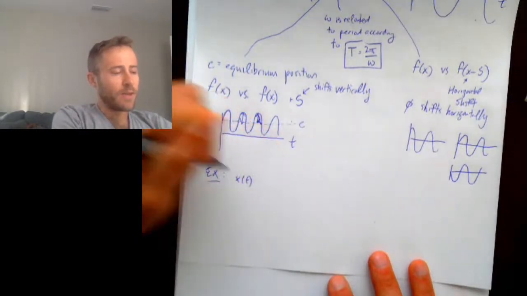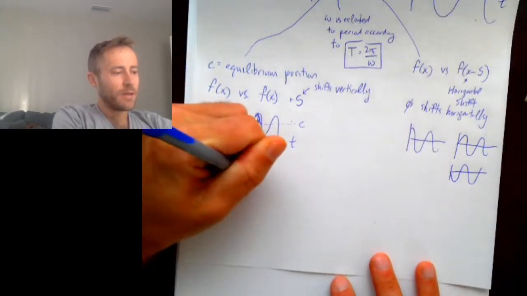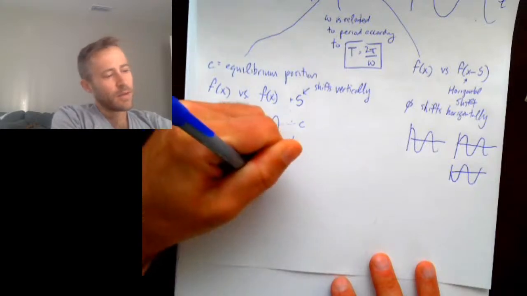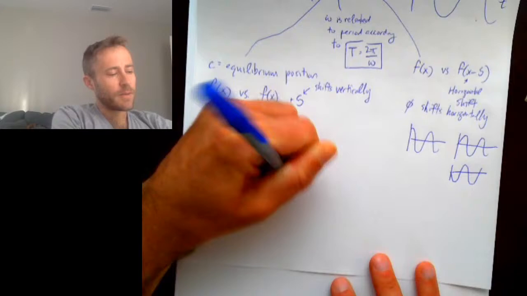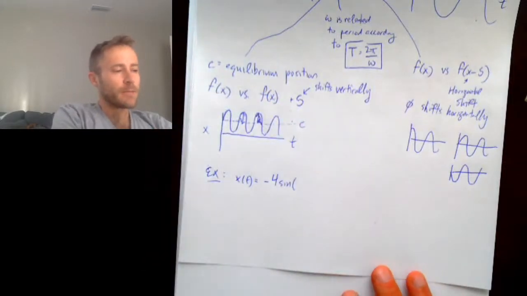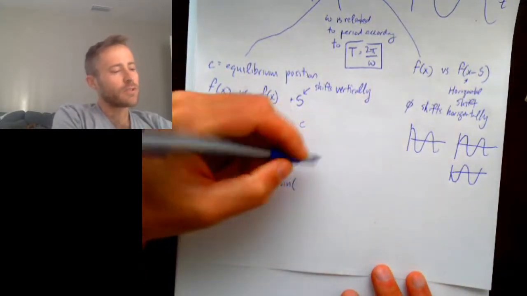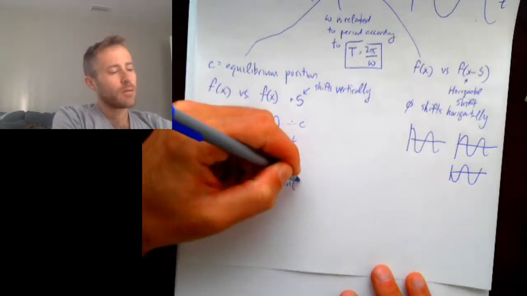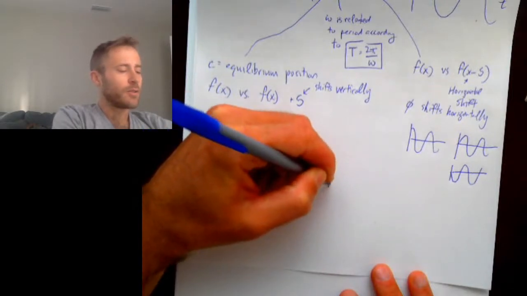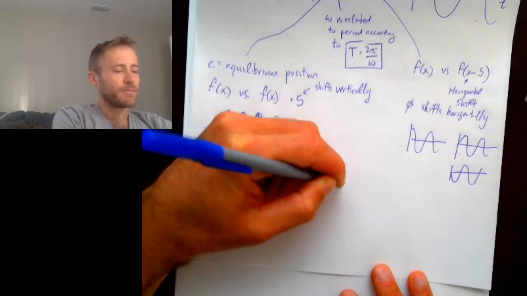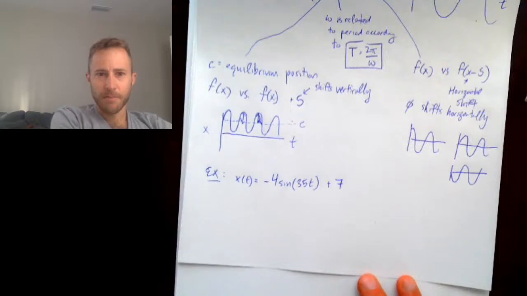What if we have x of t equals negative 4 sine of 35t plus 7? So what is this going to look like?